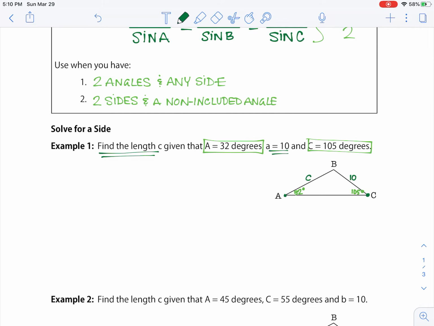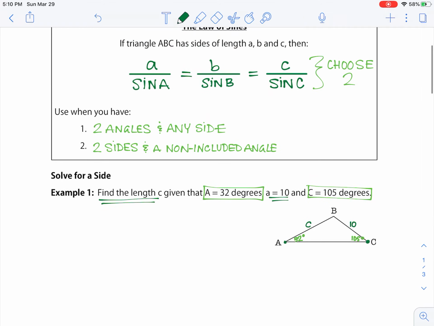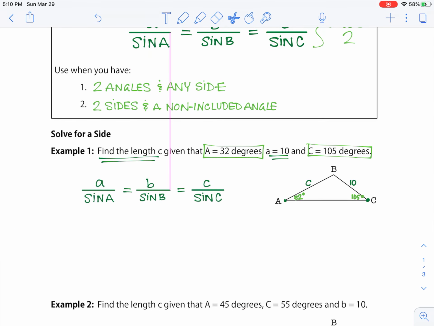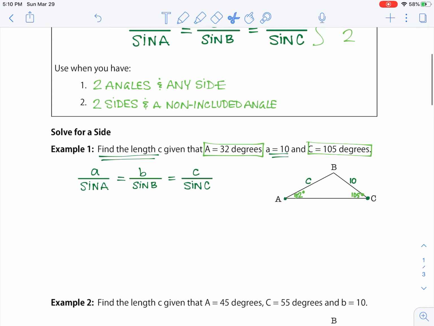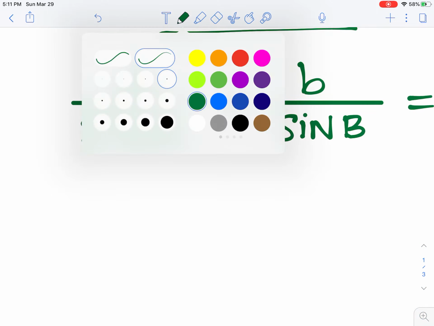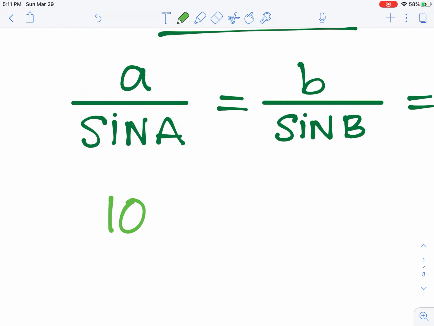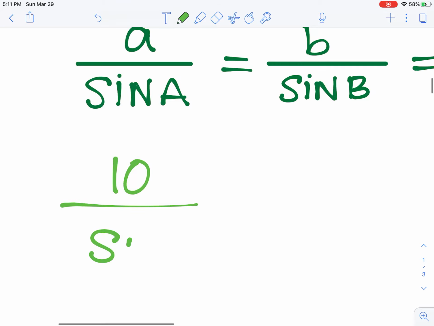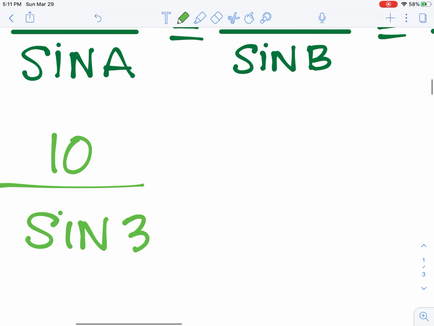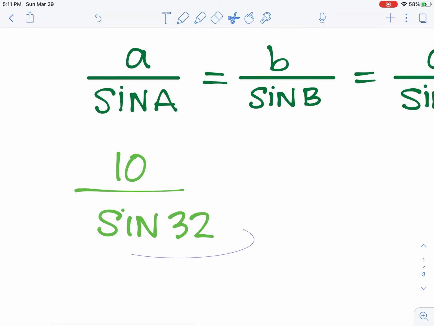So now we choose two. We know we don't have a right angle, which means to find these missing sides, we're going to look into using the law of sines. And we need to ask ourselves, what information do we have? So we know little a and big A. So we know that this is 10 over the sine of 32.